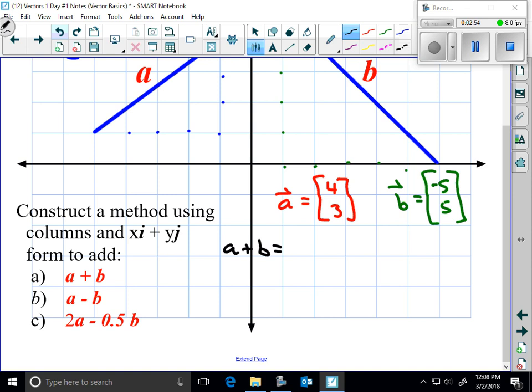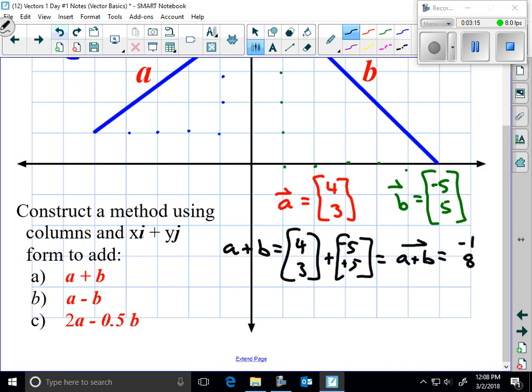So here I'm going to add 4, 3, and -5, 5, which would give me my vector A plus B. Oops, I got those flip-flopped. That's -5, that's +5. So that should be a -1 and a +8. Okay, and that would be our answer for part A. That is A plus B.